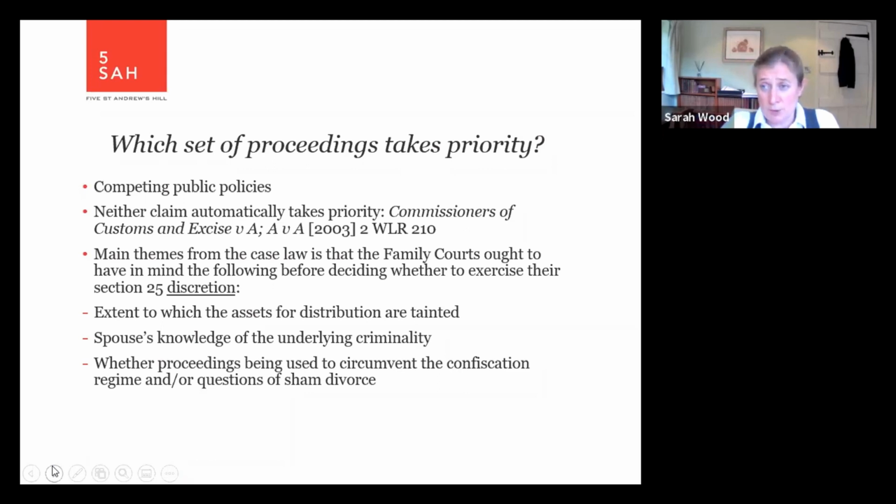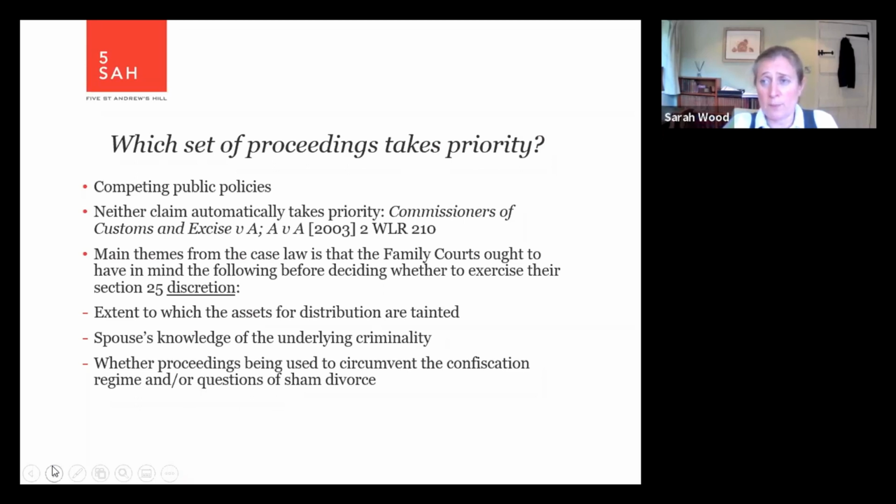The case law has stressed and repeatedly stresses that neither claim automatically takes priority, and that was established in the 2003 case of A. And it's important to emphasize that at this stage, back in 2003, under the previous legislation of the Criminal Justice Act and the Drug Trafficking Act, both claims could be heard by the same judge.